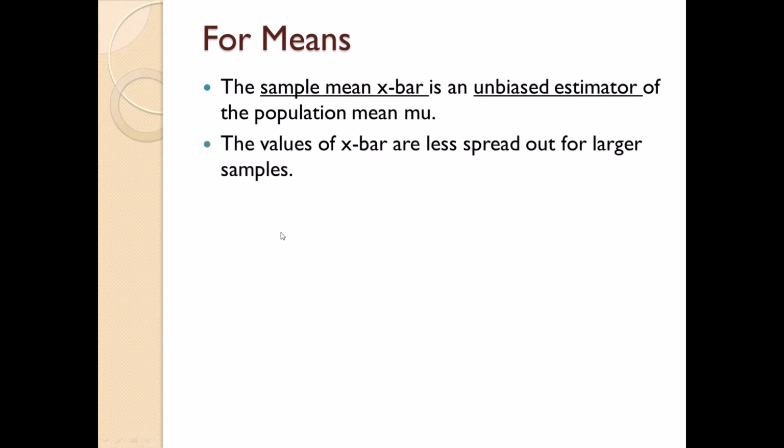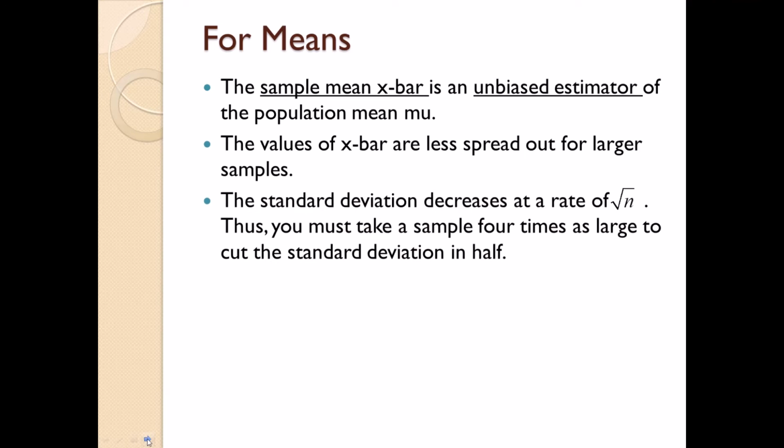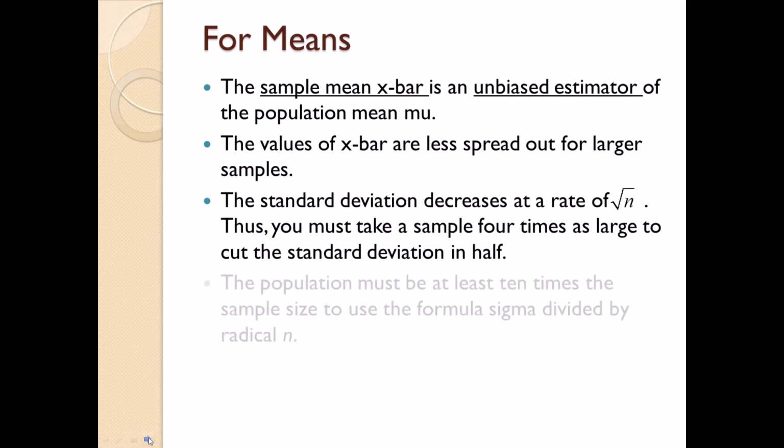Your values of x bar are less spread out for larger samples. That's because of that feature that I just talked to you about on the previous slide. Your standard deviation decreases at a rate of square root of n, so you have to take a sample 4 times as large to cut your standard deviation in half. I believe that was the same that we had for proportions.